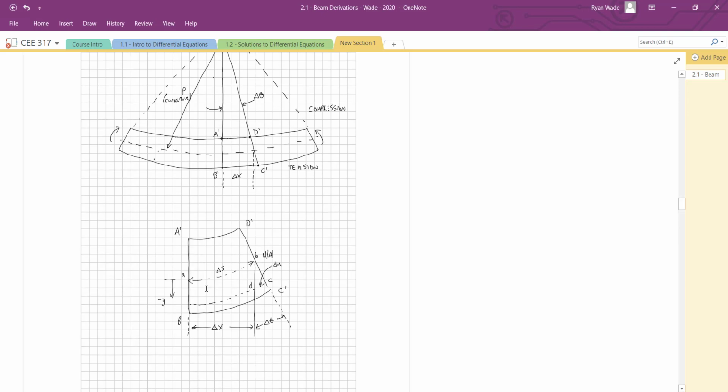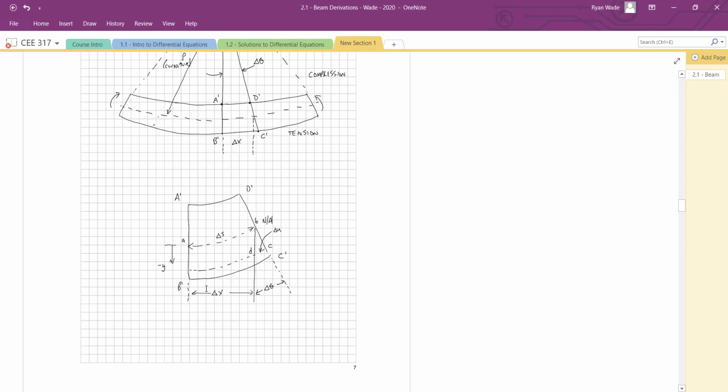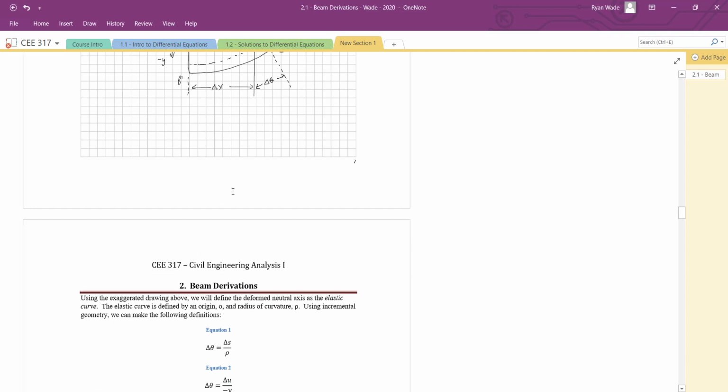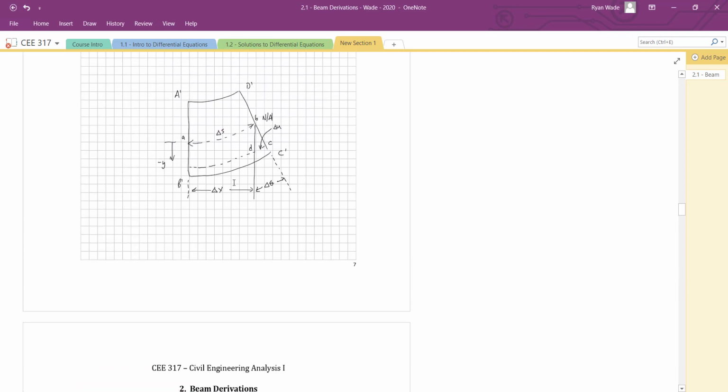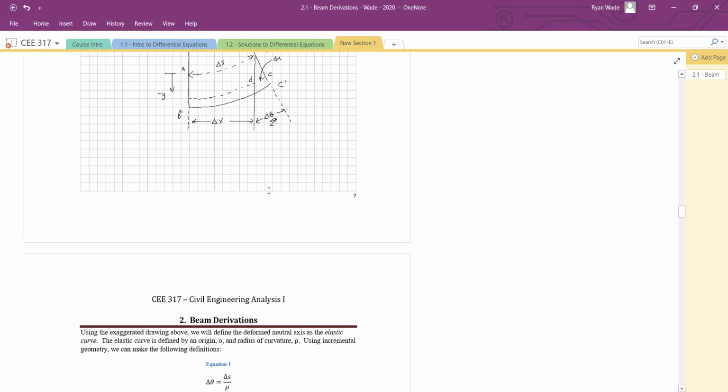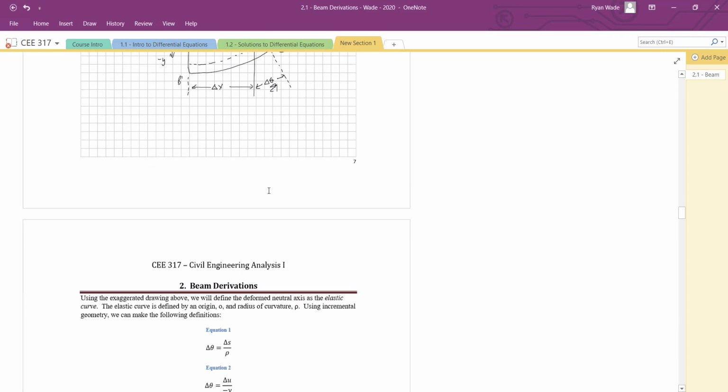All right, so I kind of am expanding this a little bit. What I'm going to get, if I go to trig and use some geometry, is that my delta theta here is going to be equal to my delta S over my curvature.